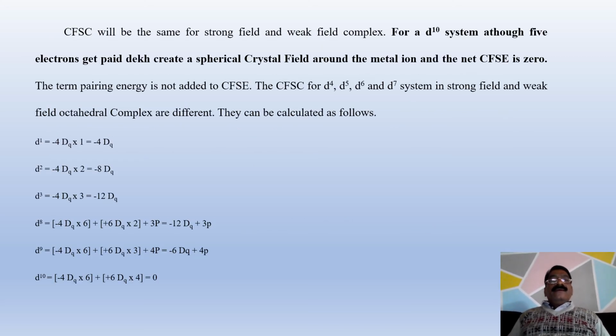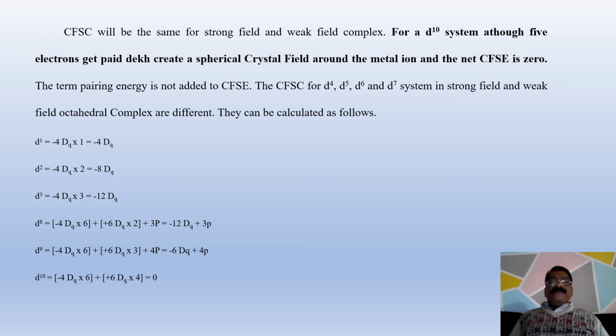CFSE for the strong field and weak field is the same for these systems. For the d10 system, 5 pairs of electrons create a spherical field around the metal ion and the net CFSE is 0. The term pairing energy is not added to CFSE.